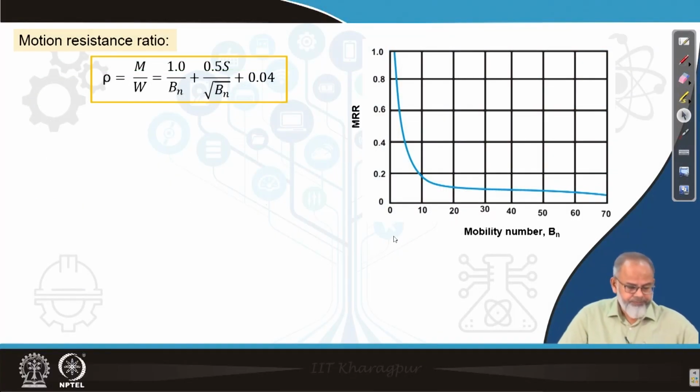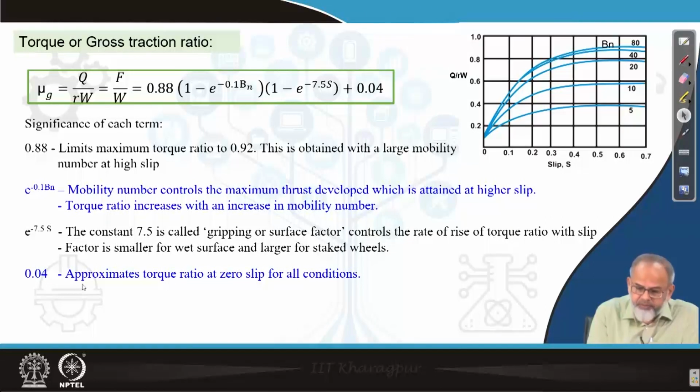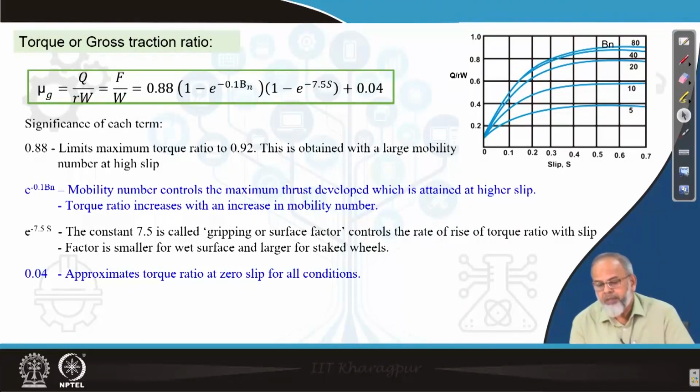Before he developed another equation, consider 0.04. What does it reflect? It reflects the torque ratio at zero slip, irrespective of soil condition. The torque ratio at zero slip is 0.04.